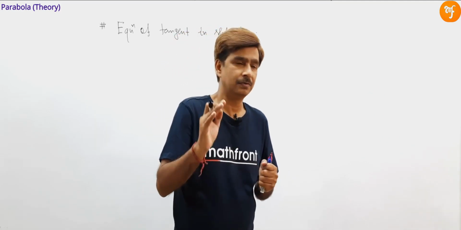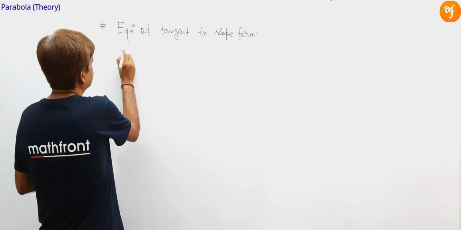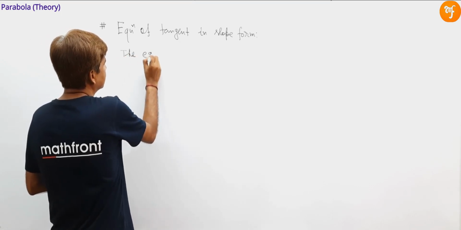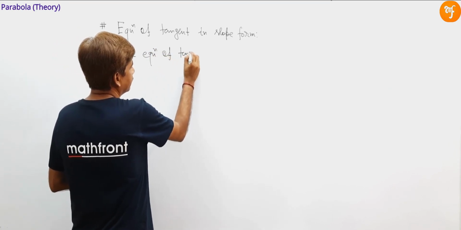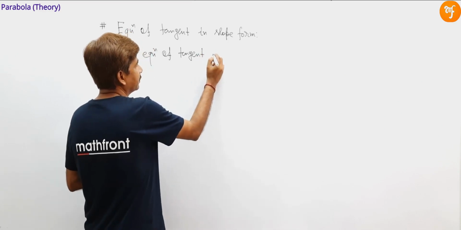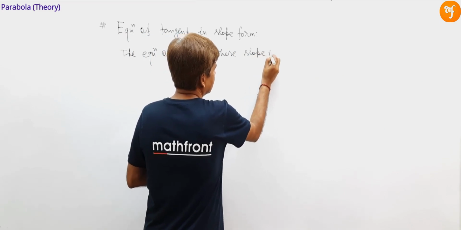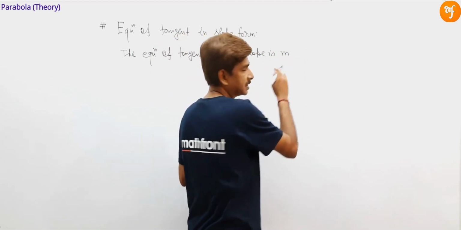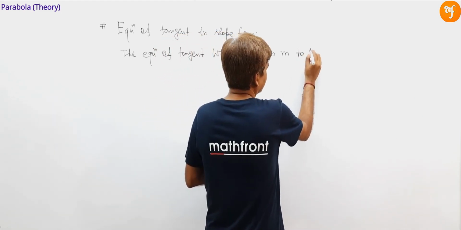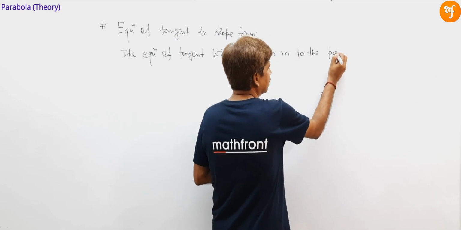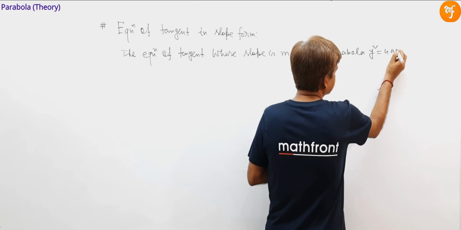Okay, now write the things, that is the equation of tangent whose slope is m, that is tangent has slope m, to the parabola y square is equal to 4ax.